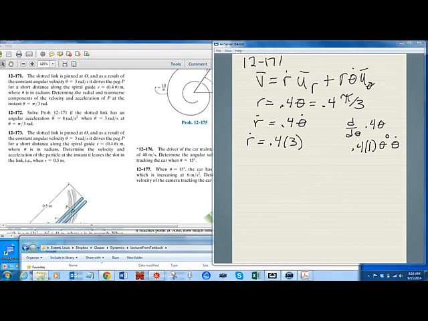Okay. Let's get the acceleration. What's the formula for acceleration? This one's a little harder. It's got 4 terms. r double dot minus r theta dot squared, thank you very much, u_r plus... Yep.